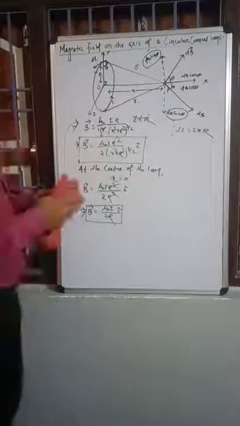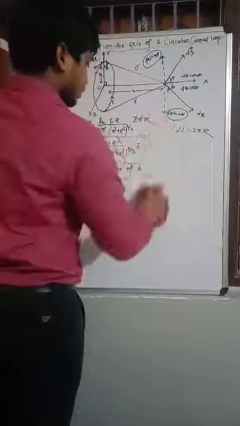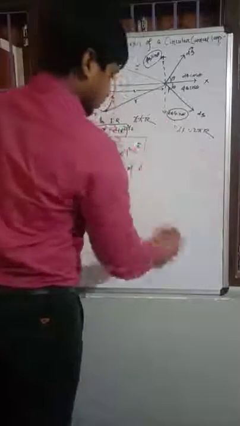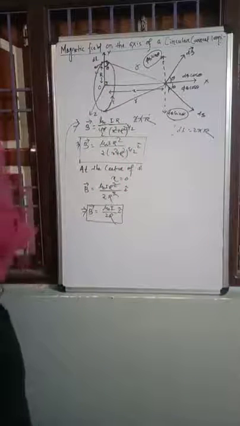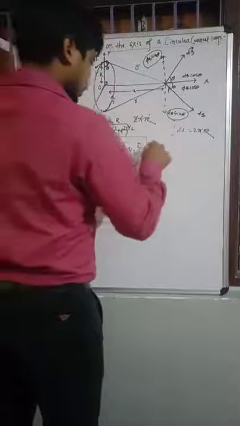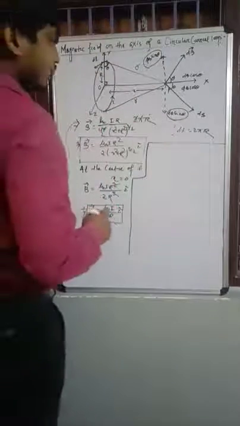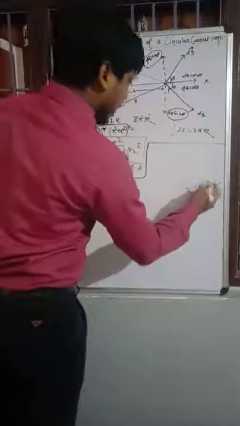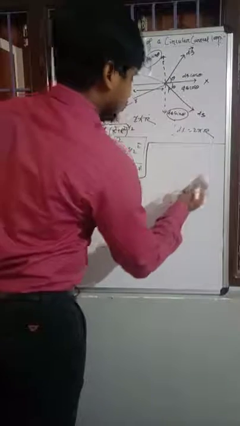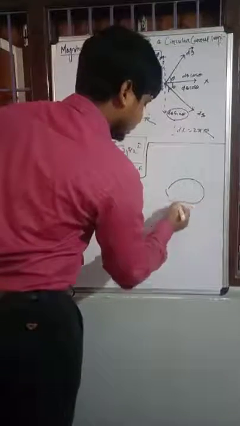The next we will see what is the shape of the magnetic field lines due to a circular current carrying loop. A very important question. So let us consider this as a current carrying circular loop.